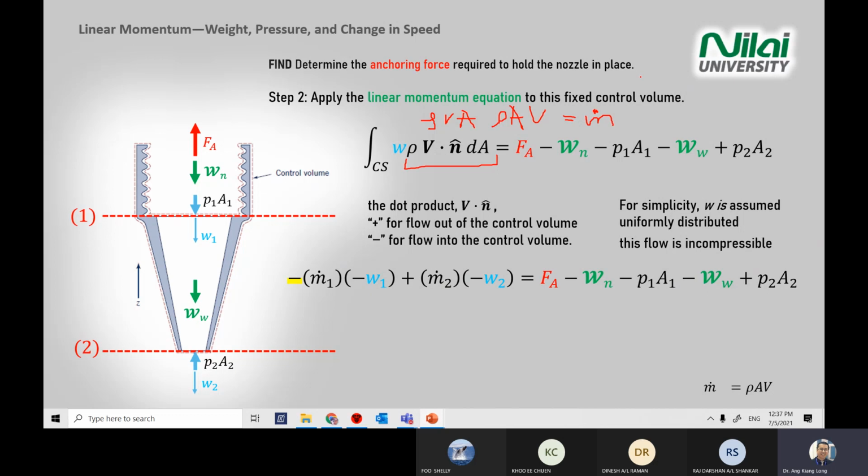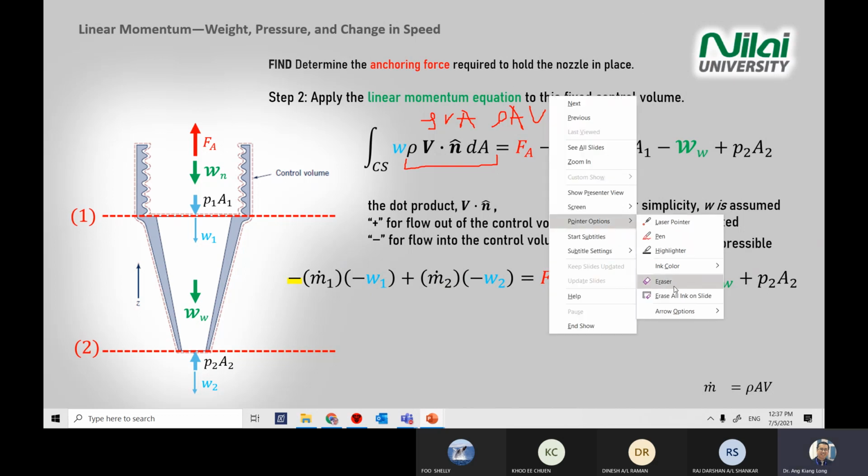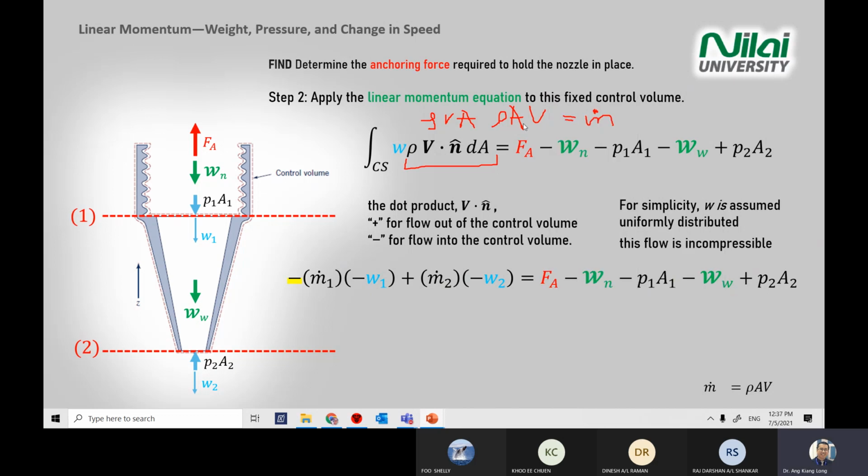If you're still not able to see that this is m dot, what you need to do is analyze the unit of each parameter. I already did the analysis for you in the previous section. If you still don't understand why rho times velocity times area gives you m dot, go back to the previous lecture video or PowerPoint slides to look at it. So rho VdA gives you m dot.